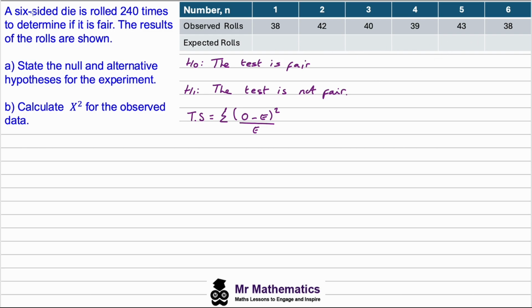Well, if it's 6-sided and it's rolled 240 times and the die is fair, then the expected number of rolls is 240 divided by 6, if every number has an equal chance of being landed on. So you'd expect every one of them to be 40. And this is our expected rolls for all the numbers.